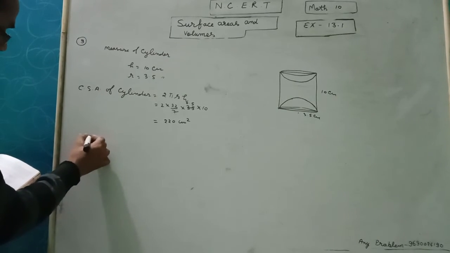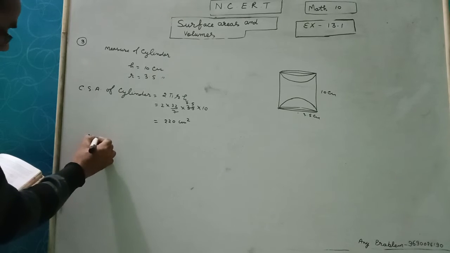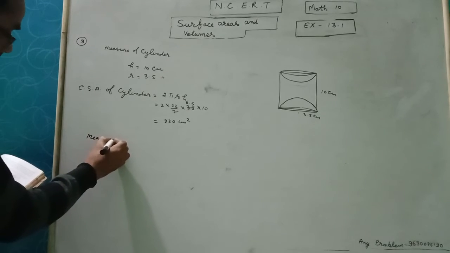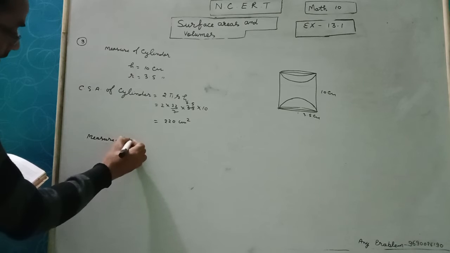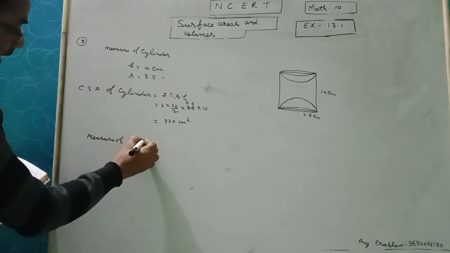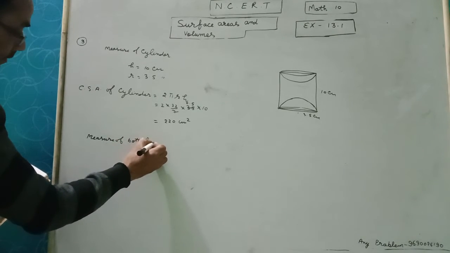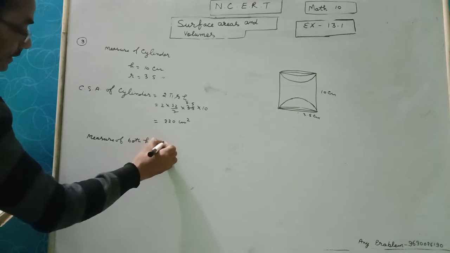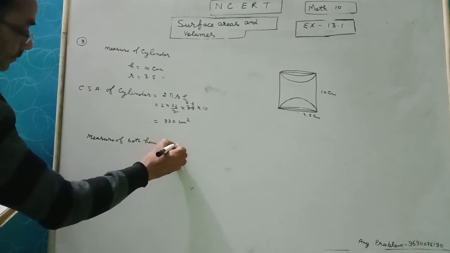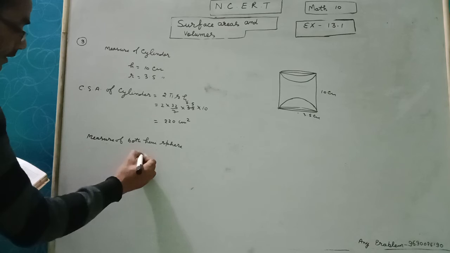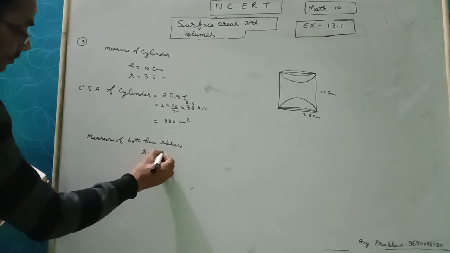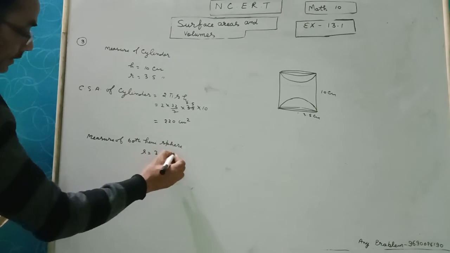Hemisphere: the measure of both hemispheres is the same. R is equal to 3.5 cm.